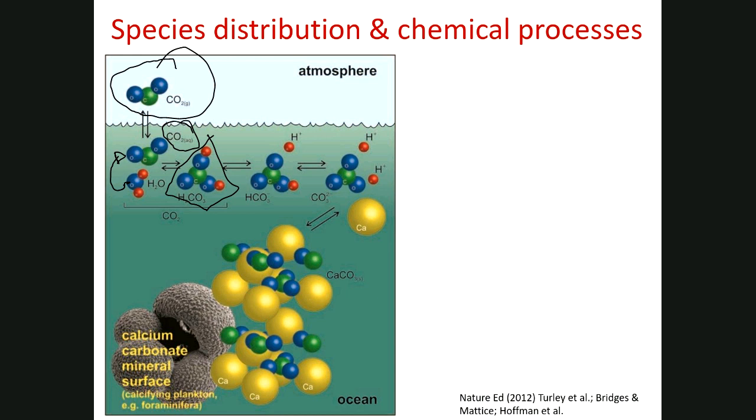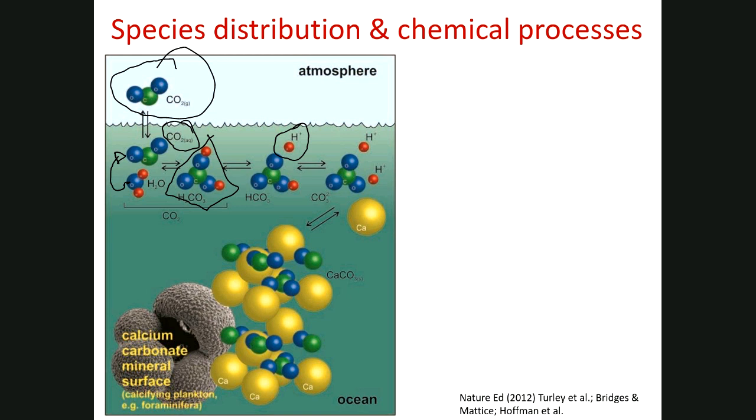Because it has a sort of acidic nature, it's able to donate a hydrogen ion, which is this H+. So it's able to form this intermediate species, HCO3-. We call that the hydrogen carbonate anion, or you might have heard the old name, bicarbonate. You might be familiar with bicarbonates.